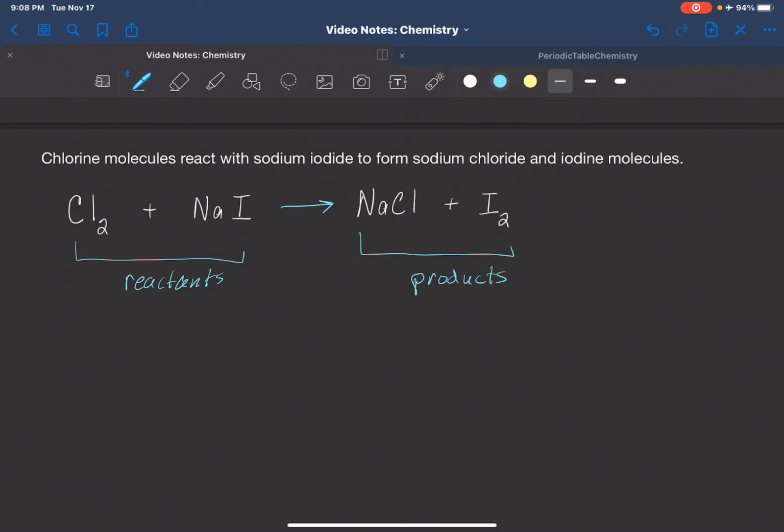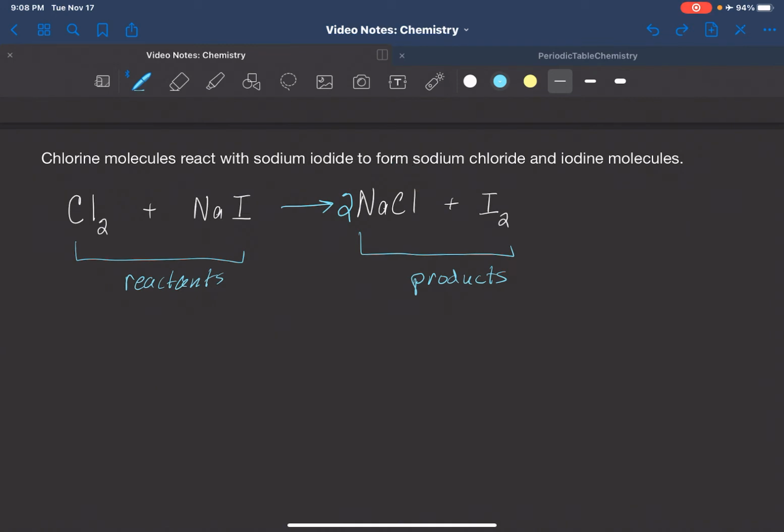Well, we need to get that balanced. So obviously we would have to change this from a 1 to a 2. So now it's like the distributive property. If there's an invisible 1 here, 1 times this 2 would equal 2. 2 times this 1 here would be 2, and so it balances itself out.